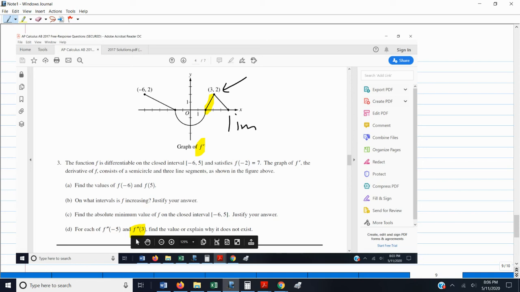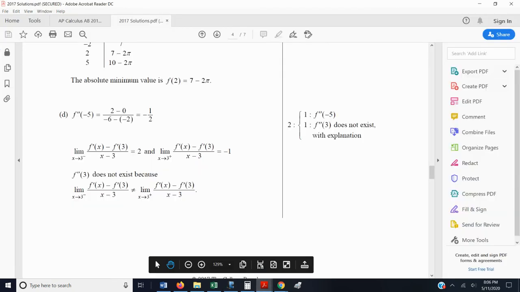So, oh my gosh, did they use limit notation? That is so ugly. They're doing the definition of derivative there, like the alternate definition of derivative. Yeah, I wouldn't worry about that.